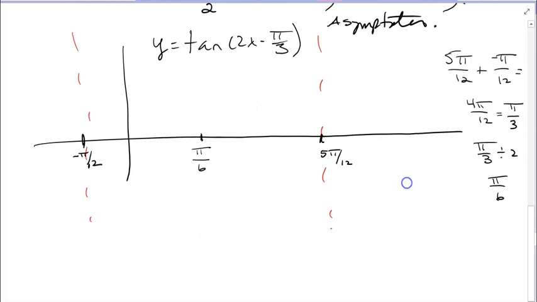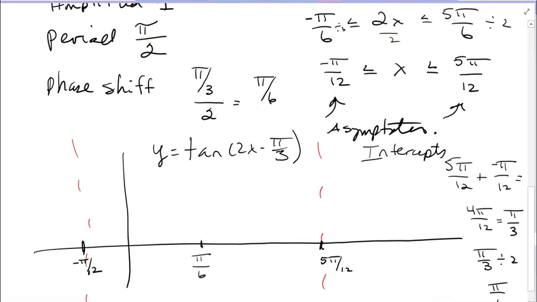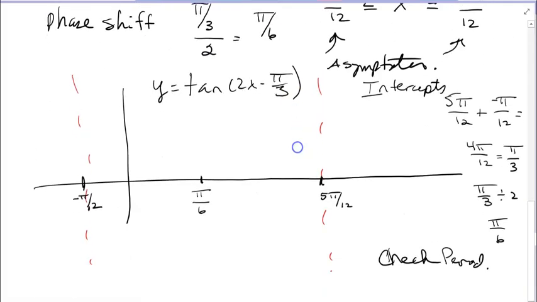To find intercepts, add where your asymptotes are and divide by 2. You need the middle value between. To do a check, remember the period we found to be pi over 2.